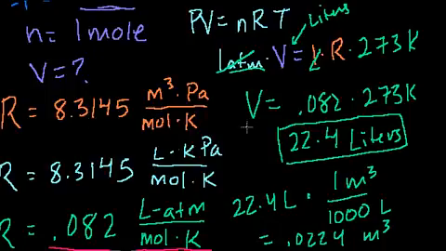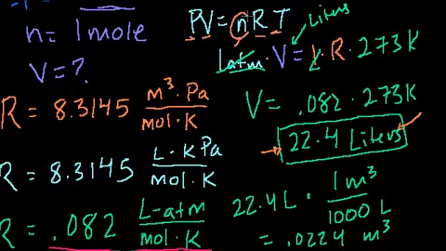Anyway, this is actually a useful number to know sometimes. They'll often say, okay, you have 2 moles at standard temperature and pressure. How many liters is it going to take up? Well, 1 mole will take up this many, and so 2 moles will take up twice as much, because in PV equals nRT everything else is being held constant.